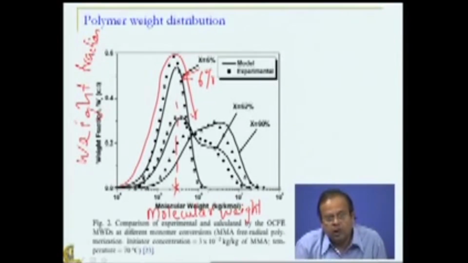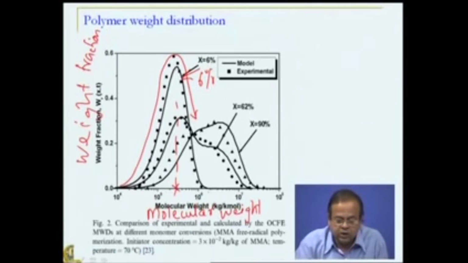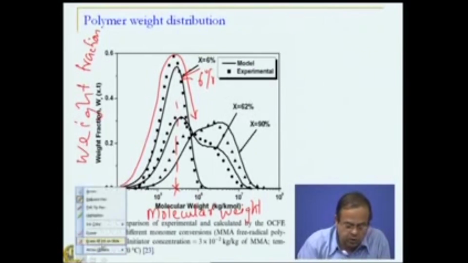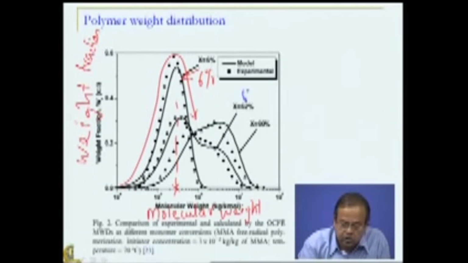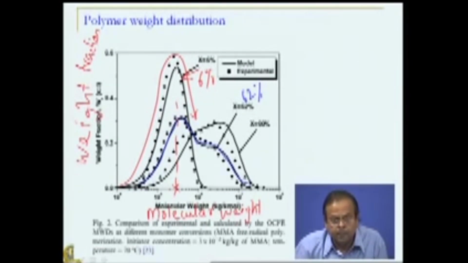But look at what happens as you run these reactors for a longer time. This distribution does not remain the same when the conversion changes from 6% to 62%. At 62% conversion, your distribution is a completely different distribution.